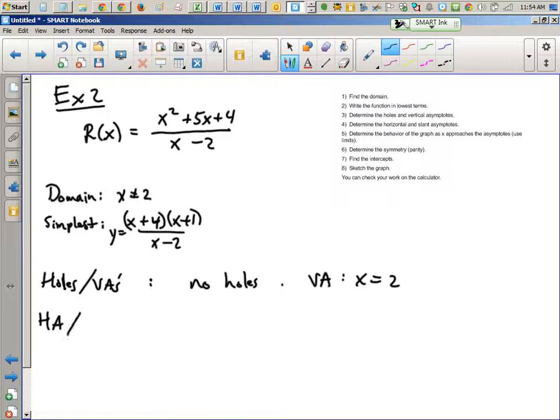Finding the horizontal or slant asymptote, that's a calculus question for us. So we're just going to do our quick limit as x goes to infinity. And using spit in the ocean, we determine that we have x squared over x.